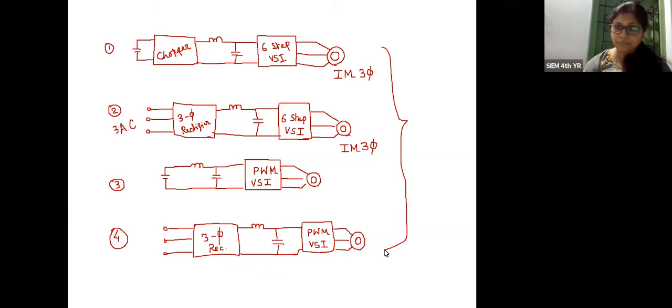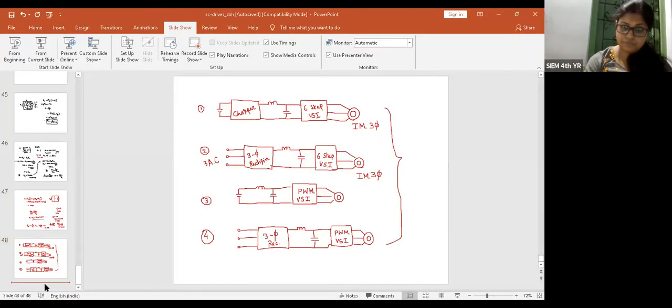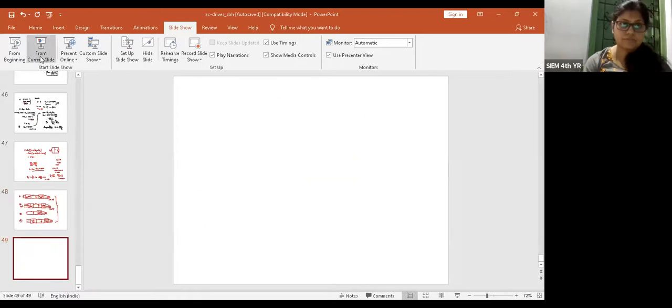Now the inner part, or the internal circuit, of the VSI fed induction motor drive should be like that.